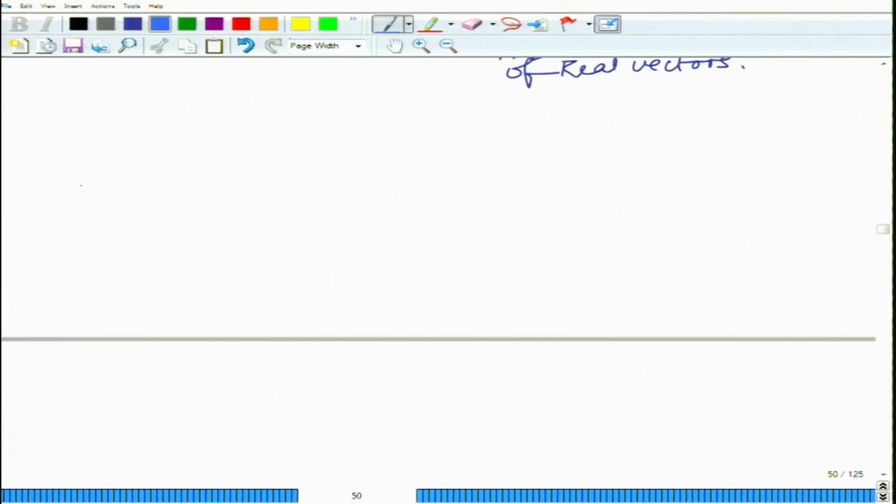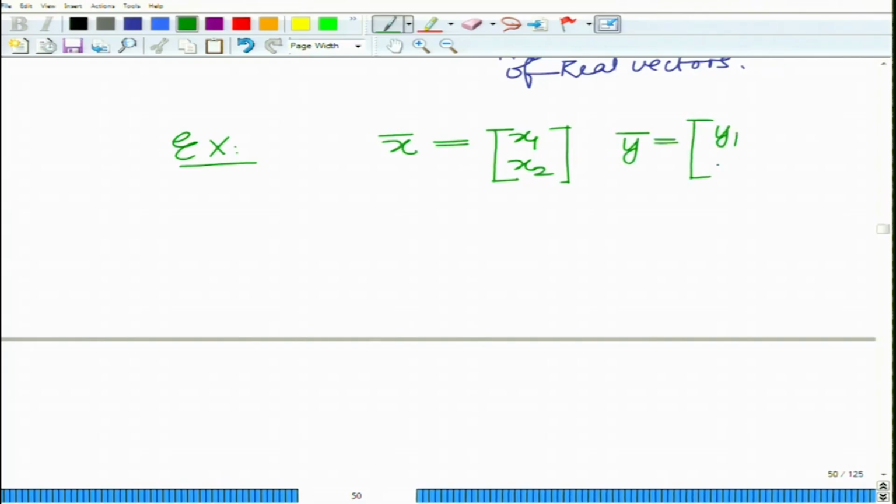Let us now consider another example for 2 dimensional vectors. For instance, we have x bar equals x1, x2 and y bar equals y1, y2. So, both of these are 2D vectors, that is, they belong to the 2-dimensional Euclidean space.